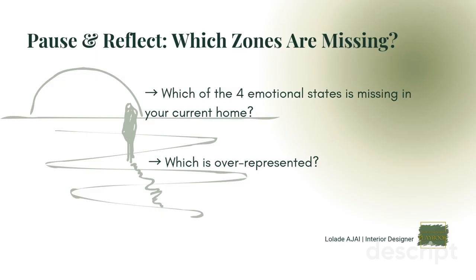Ask yourself, when you enter a particular space, do you have too much energy but nowhere to focus? If you're in your bedroom, is it calm, or does it double as a work zone? Which emotion is overrepresented in your home? Is everything wired for productivity and action, but nothing invites rest? These observations will help guide you in how to build your mood zoning blueprint in the next module.